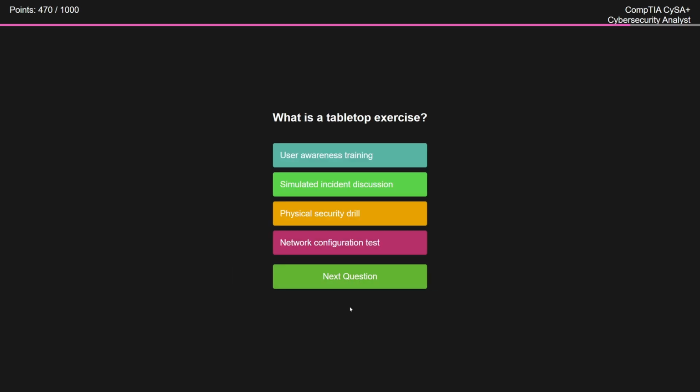What is a tabletop exercise? User awareness training, simulated incident discussion, physical security drill, or network configuration test. For me, it's going to be simulated incident discussion because we're not actually doing a drill, right?